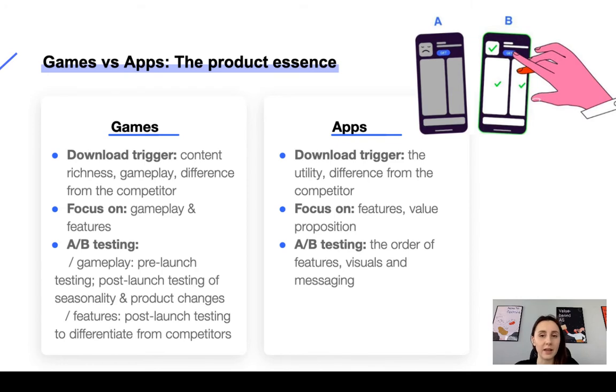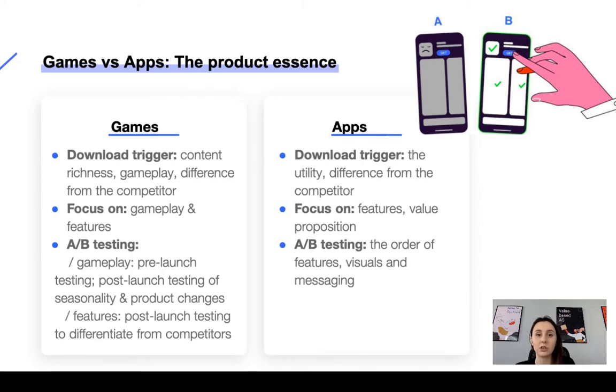As for A/B testing, pure gameplay will be most commonly tested on the pre-launch when app marketers want to decide on the best visuals, or it can also be tested in live games when there are some changes introduced into the gameplay after the release of the game. For example, seasonal changes to the characters.